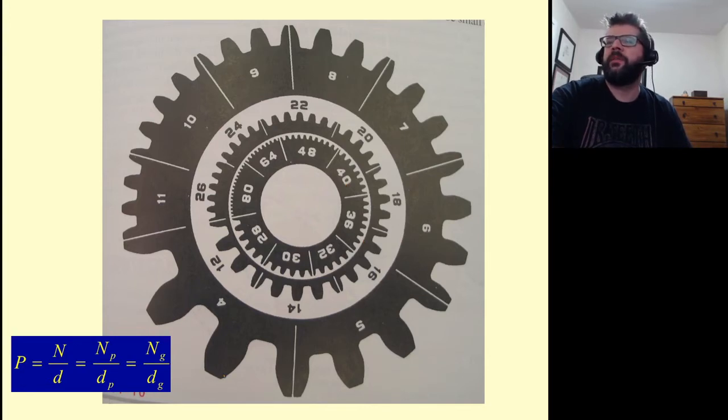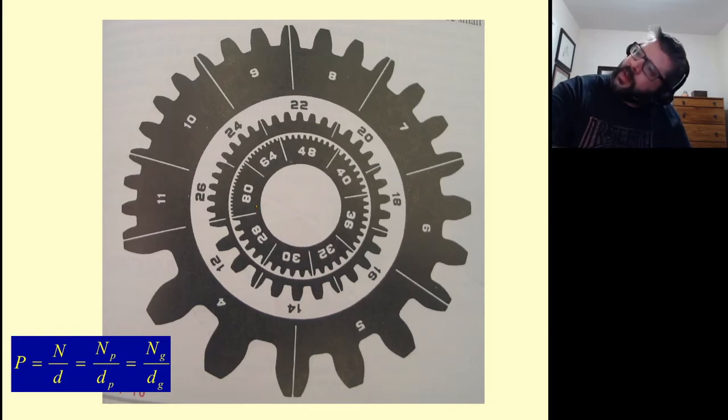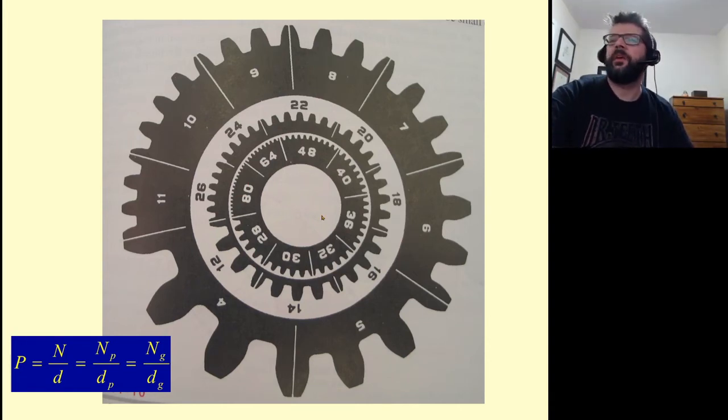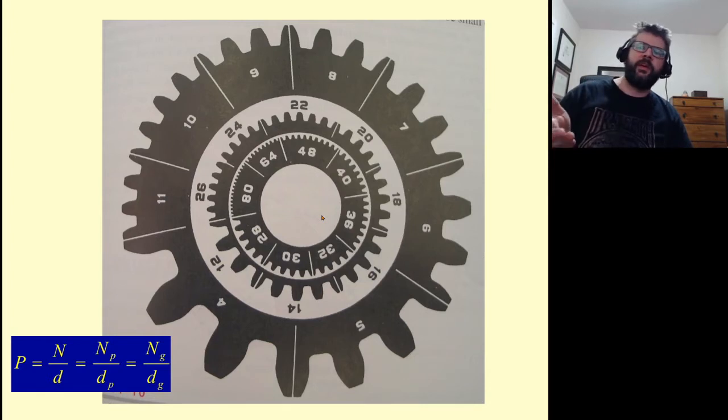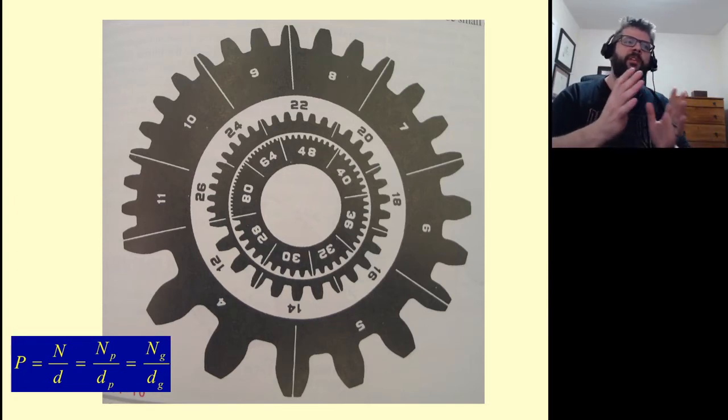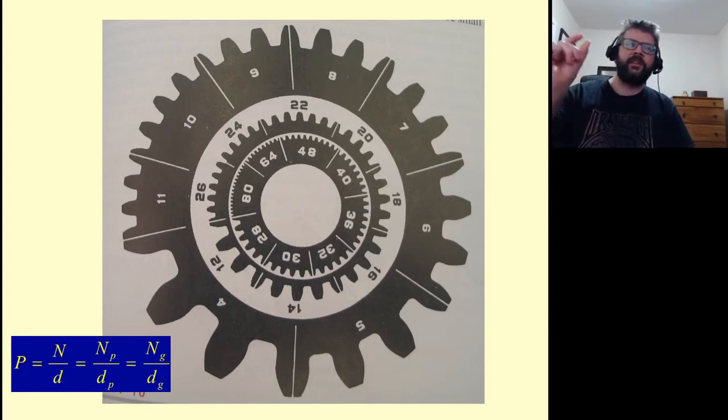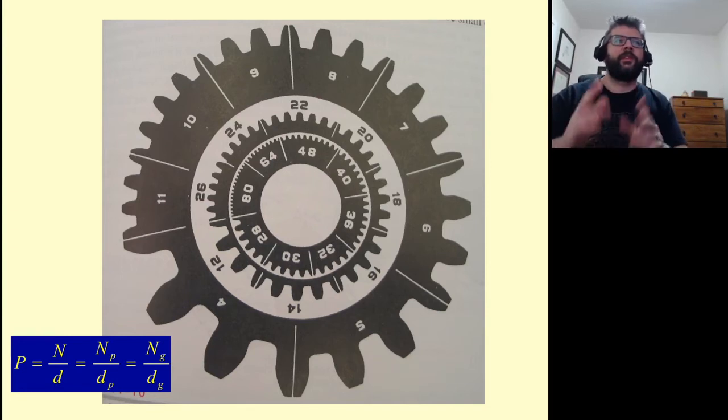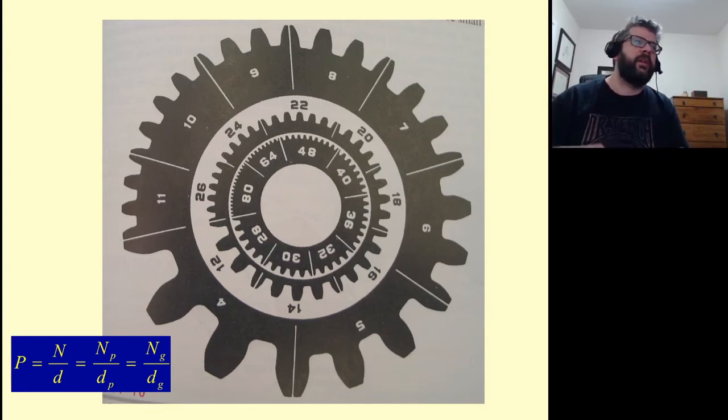Obviously the 4 has fairly chunky teeth, and then we get down to, I think, the 80 being the smallest here. So as your pitch gets larger, your teeth get smaller, both in terms of the gap between the teeth, and if the gap is getting smaller, then obviously the actual length of the teeth has to get smaller too.